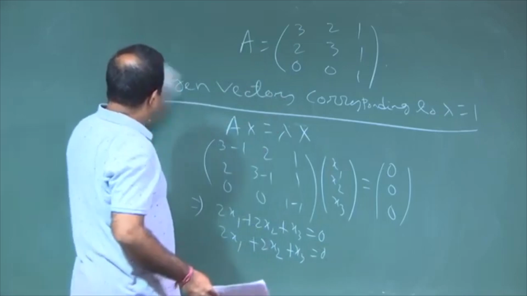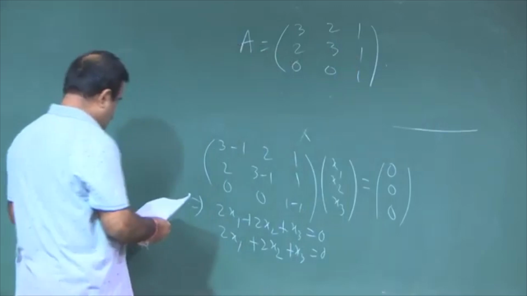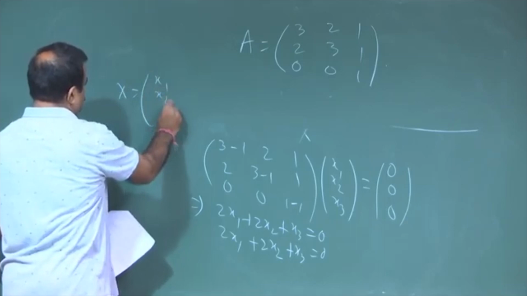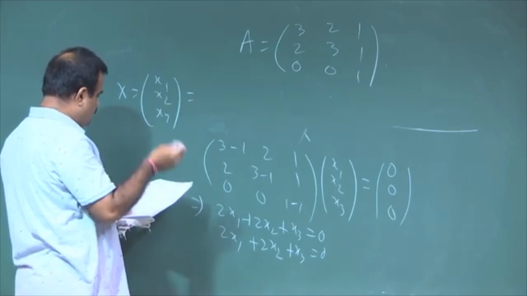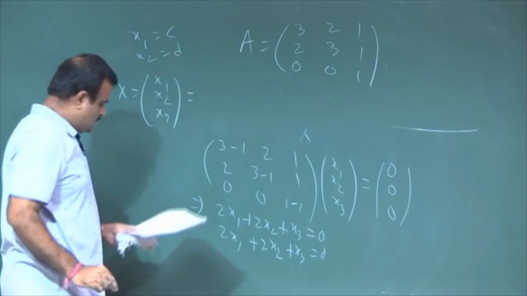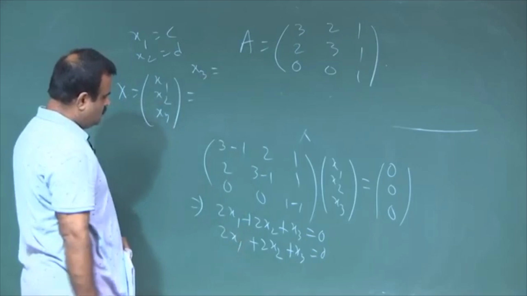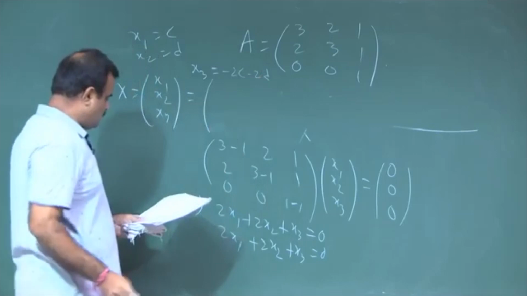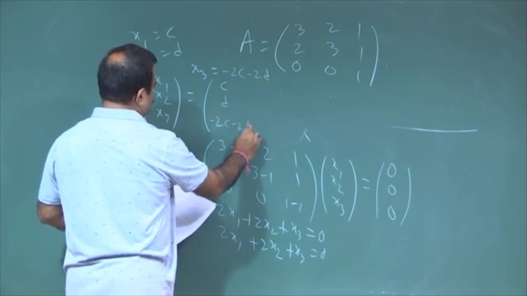So, the solutions are coming as x equal to x 1, x 2, x 3. If we choose two free variables, we choose x 1 as c and x 2 as d, then x 3 is decided by this equation. So, x 3 is minus 2 c minus 2 d, and the solution becomes c, d, minus 2 c minus 2 d.